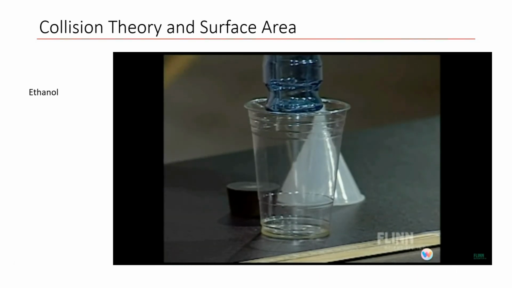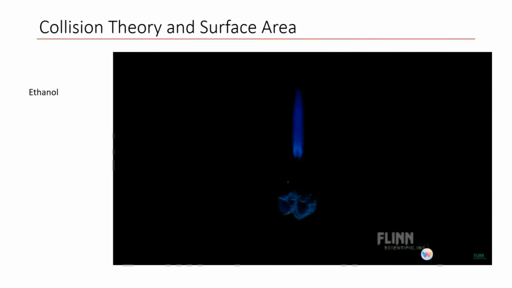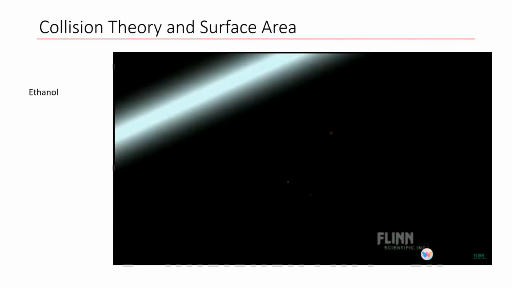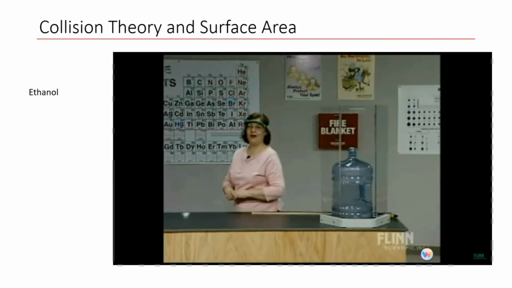We'll drain off any excess liquid ethanol remaining for safety's sake, because we don't want to get in danger. When we add our source of ignition, we can see the rapid reaction. You can see the flame go down and it undergoes rapid combustion.